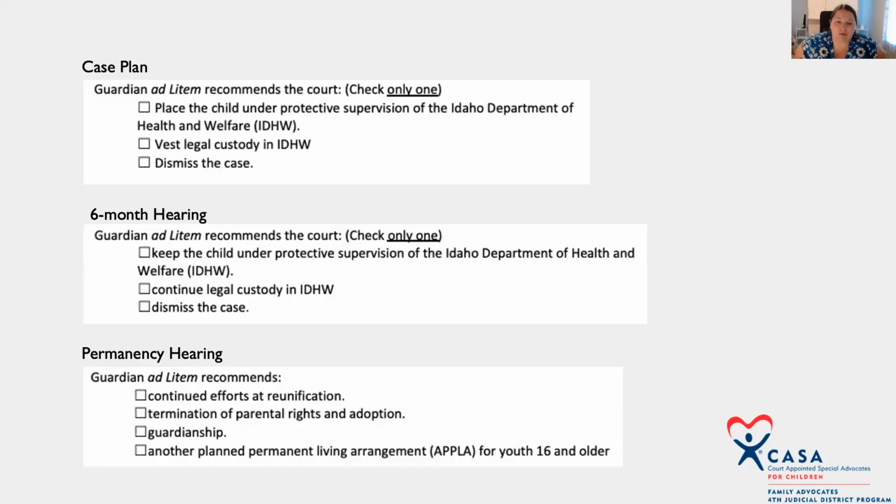Each stage of the child protection case, I apologize for that, has different things, as I mentioned, that the judge can rule on. So depending on where you're at, whether it be the case plan, the 6-month hearing, or the permanency plan, you will be able to check one of these boxes.